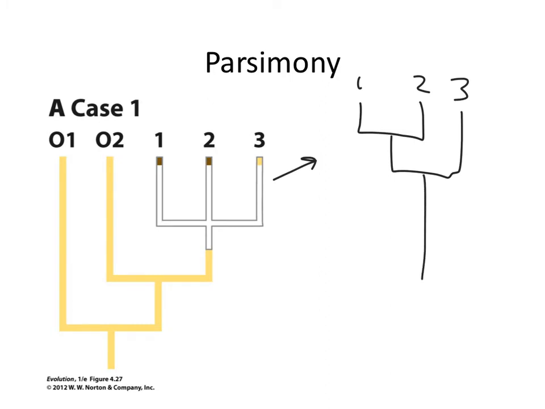So that would be a tree based on parsimony. The fewest number of changes, that is, that those two organisms share a common ancestor, and it was on this branch that, whatever color, is that brown? So brown evolved on that branch.